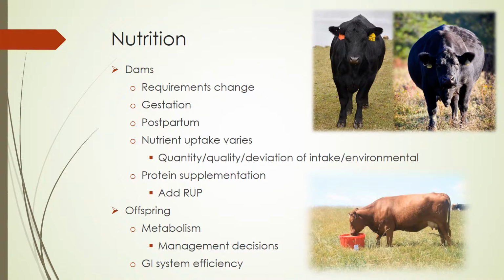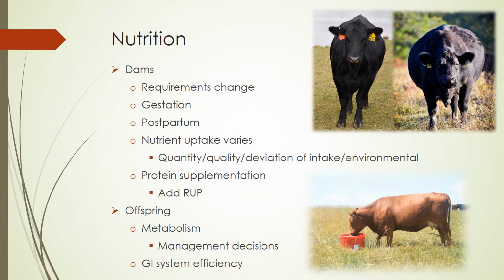Nutrition during the previously mentioned critical windows is crucial for proper fetal development. Interestingly enough, the nutritional requirements of the dam actually change during pregnancy. It has been shown that the dam's requirements are quantitatively impacted by fetal nutrient uptake around mid-gestation, with the fetus contributing to additional requirements.